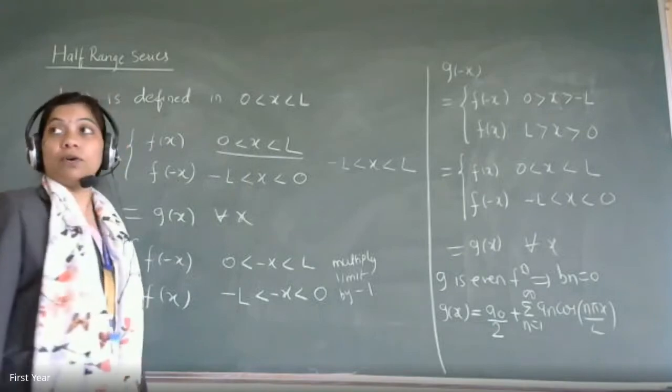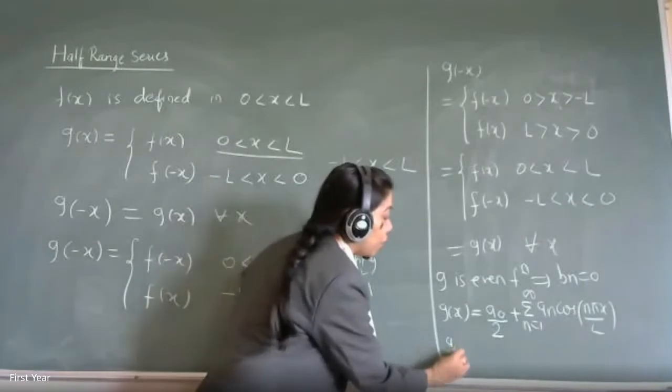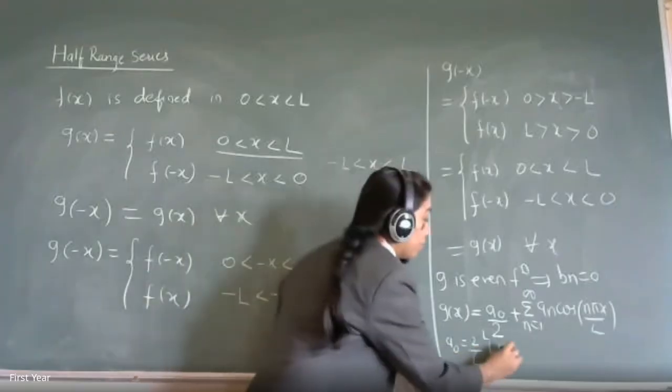A naught का formula क्या होगा? A naught is equal to 1 upon L integration of c to c plus 2L of f of x dx. Correct. What is c to c plus 2L, minus L to L. It is an even function. So what is the formula for an even function? A naught is 2 by L, integral 0 to L of f of x dx.